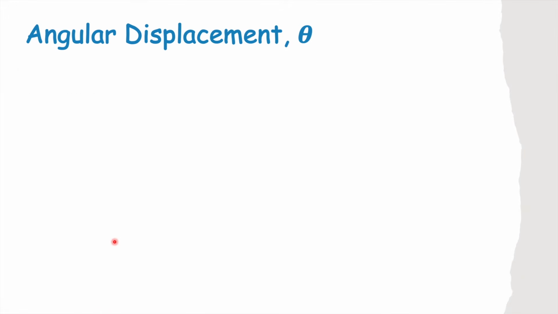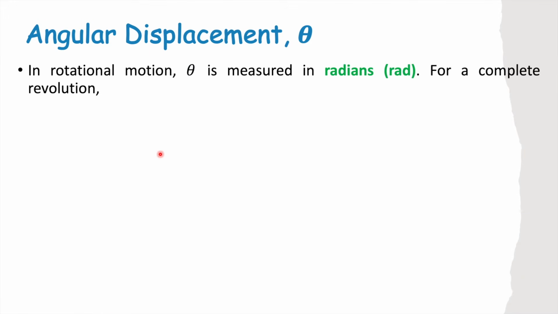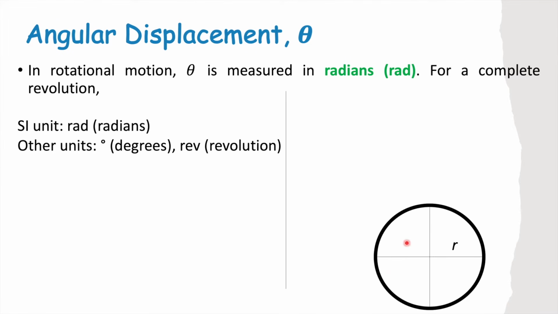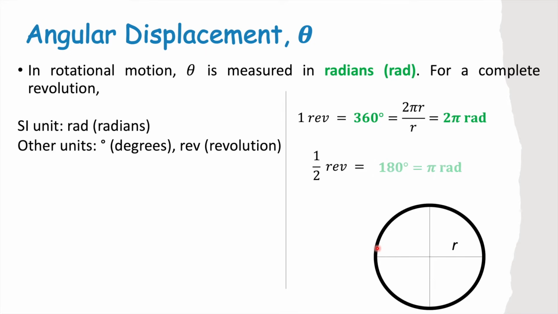The angular displacement in rotational motion is measured in radians, but it is also expressed in terms of degrees and revolutions. Take note that one complete revolution is simply equal to 360 degrees, or equivalent to 2 pi radians. Half of a revolution is 180 degrees, which is equal to pi radians.